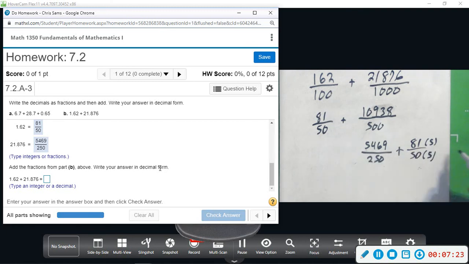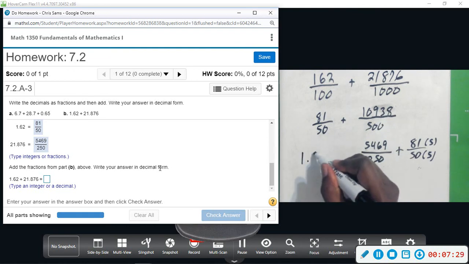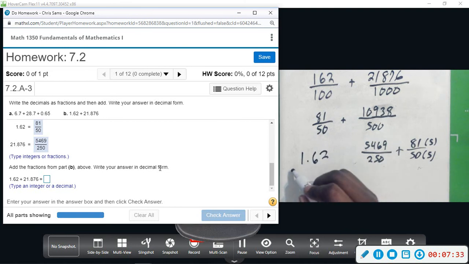Since they don't want it in fraction form, it's not going to serve much purpose except for practice, which I'm going to assume you already have. So if we just add up the fraction parts, we end up with 6 9 4, carry your 1, 3 2, so 23 496.